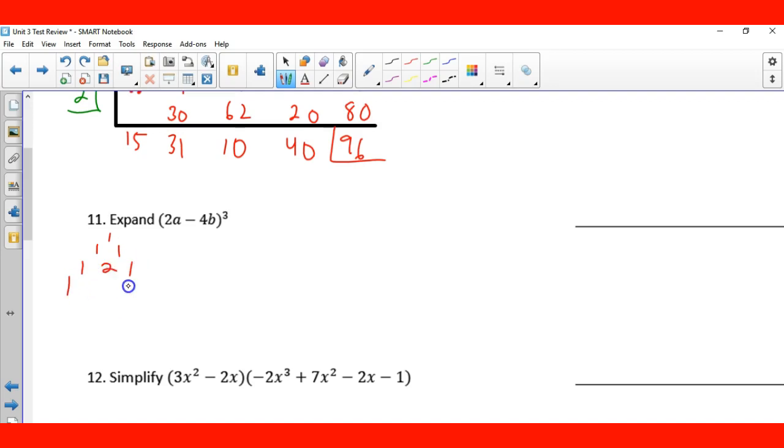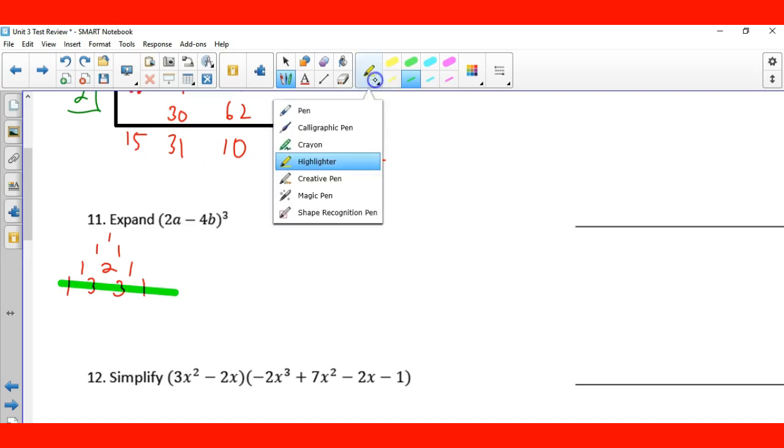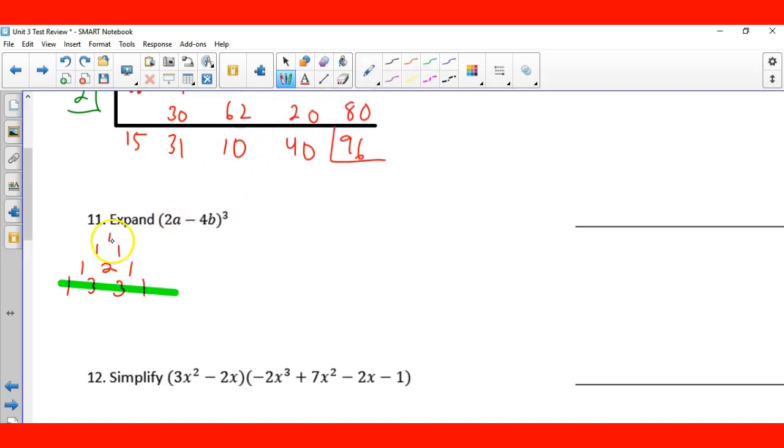And then 1's on the outside, and then 3 and 3. Now, this row right here is our third row. I know you're thinking, oh, it's 4 down, but no, that's our third row because that's our third power. Again, this is for 0 power, first power, second power, third power. So those are my coefficients.